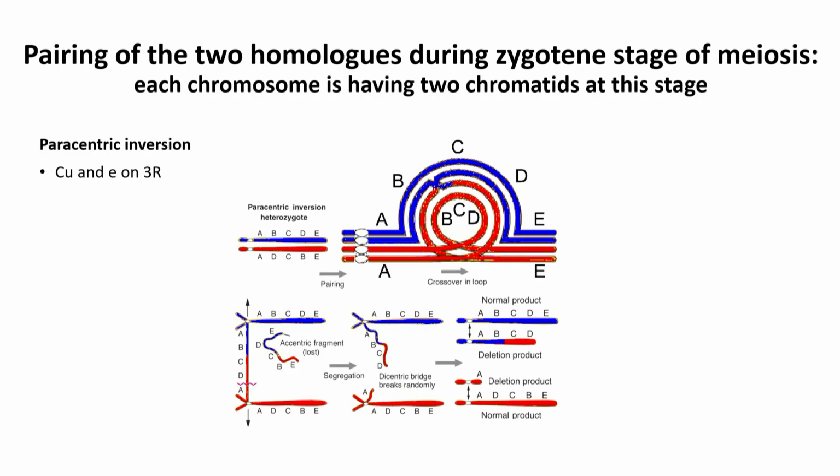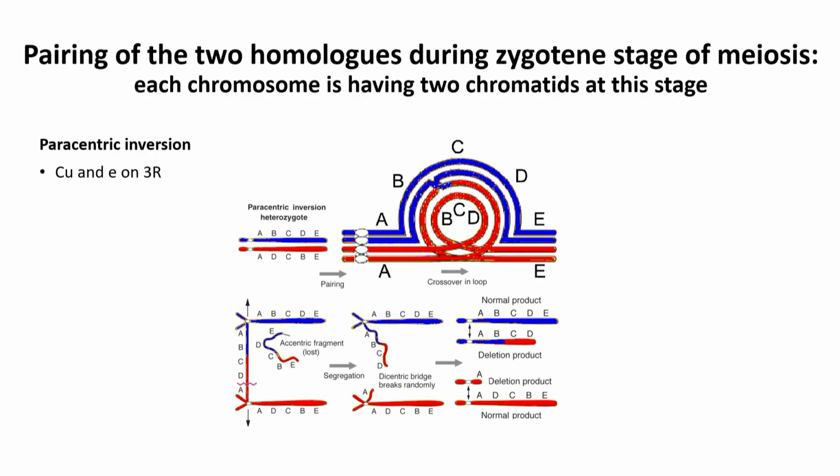That is what you can see here: the blue one is straight, but the red one is having a loop like this. This is the loop. So it has got inverted and paired.